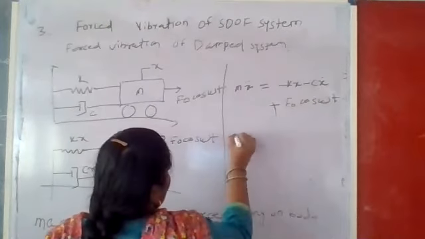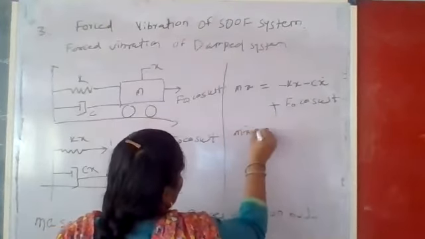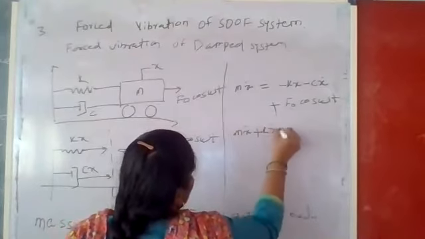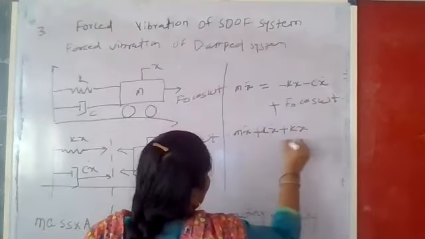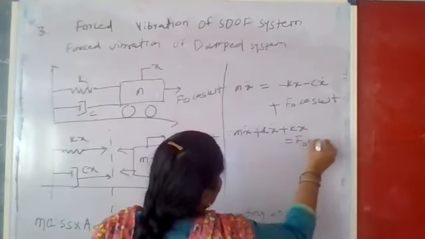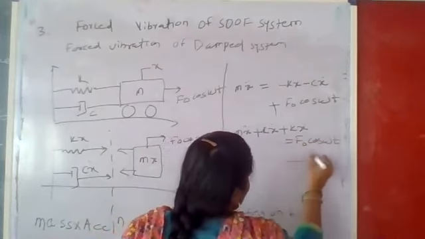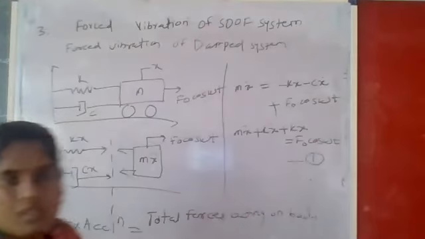So the equation is Mx double dot plus Cx dot plus Kx equals F naught cos omega t. That is equation number 1. So write down this.